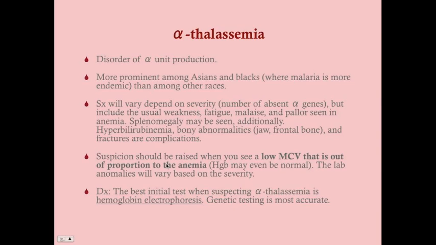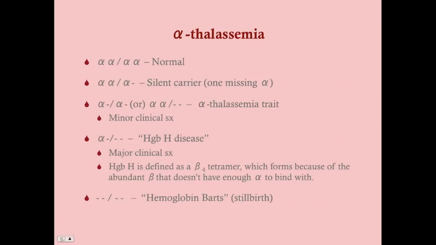So this is normal: you carry 2 alphas on one chromosome and 2 alphas on the other chromosome, one from mom, one from dad. So normal would be the 2 genes that code for alpha and the other 2 genes that code for alpha. A silent carrier would have 1 missing alpha, and they're called a silent carrier because they have no symptoms.